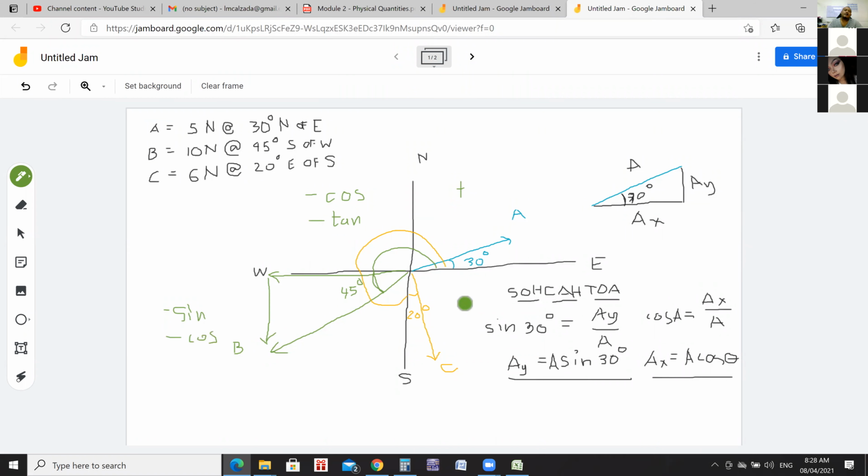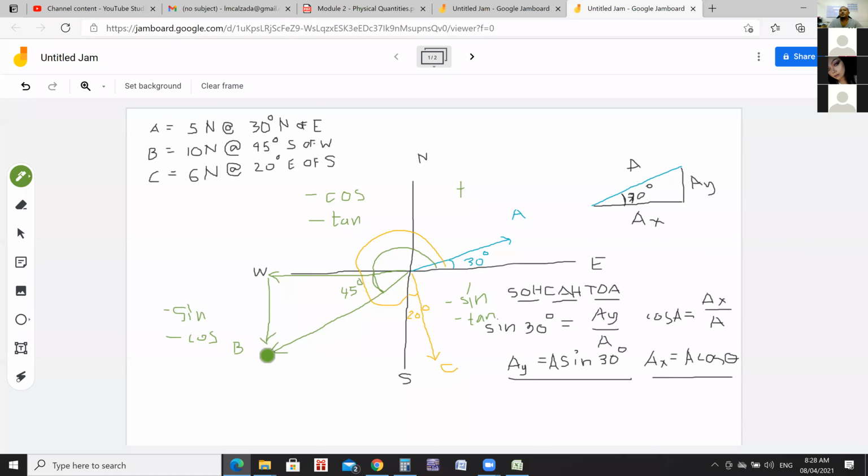Dire sa positive dire ang tangent. Dire negative dire ang sine ug ang tangent. Okay? So, unsa man itong gigamit sa AX? Di ba? Cosine man to. So, klaro kay nga negative. Unsa man itong gigamit sa AY o BY? Di ba? Sine man to. Klaro kay nga negative. Kaya nabilong man siya sa third quadrant.